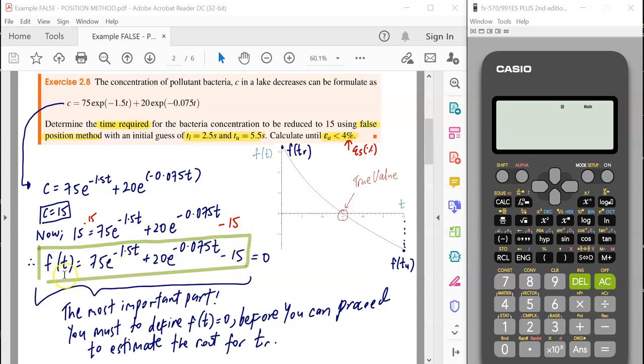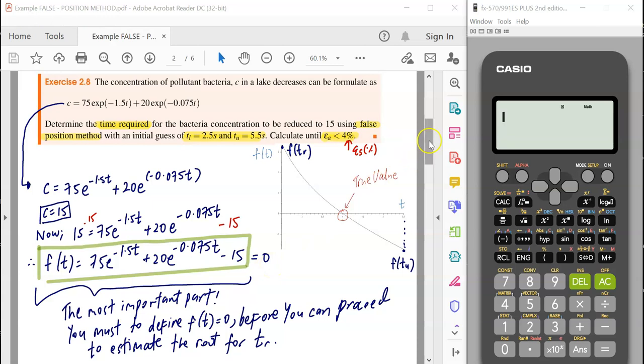Hence now we have f(t) equal to 75 exponent power negative 1.5t plus 20 exponent negative 0.05t minus 15. So our function now already satisfies equal to 0.